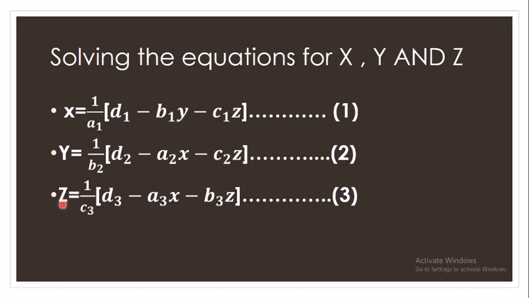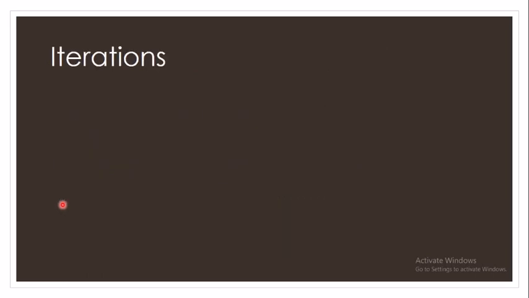After that we start our iterations. The initial values of x, y and z that we give are 0, and these values are substituted in equations 1, 2 and 3.